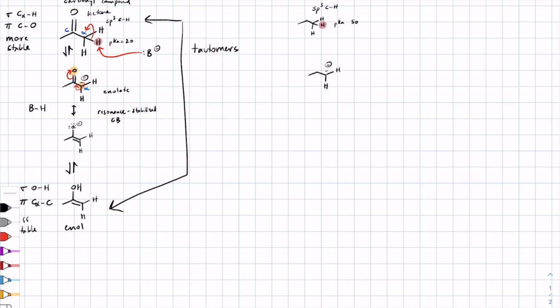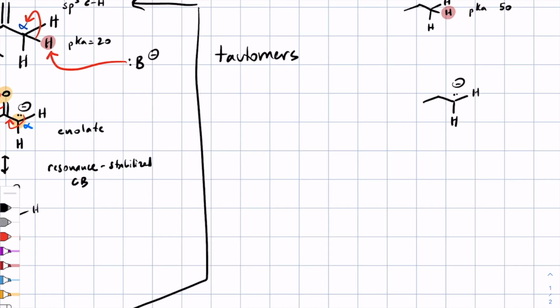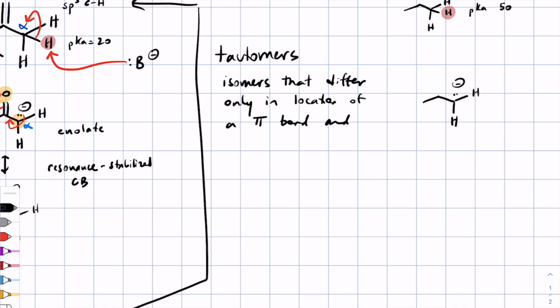So a tautomer is something that is almost the same, but not quite. How is it different? Tautomers are isomers that differ only in the location of a pi bond and a proton.